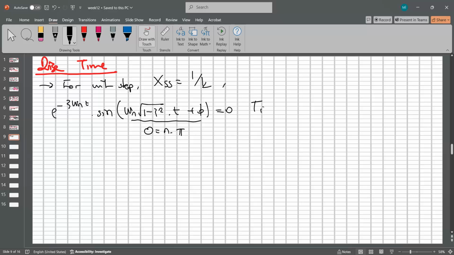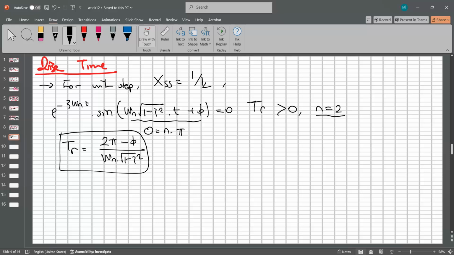And so the TR must always be bigger than 0, and N must be equal to 2 in this case. So, what's the value of the TR? TR, just like the previous formulation, is 2 pi minus phi divided by Wn square root of 1 minus zeta square. This is not an identical analytical solution, but it's approaching these values.